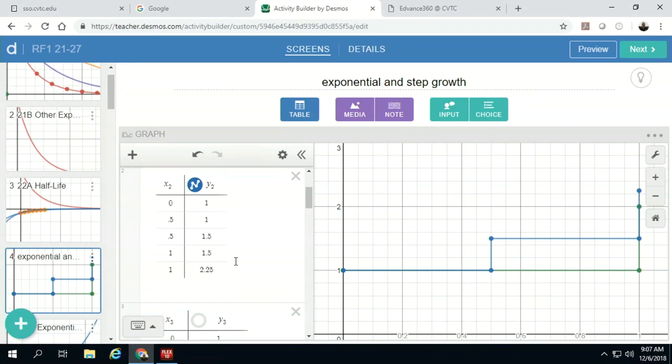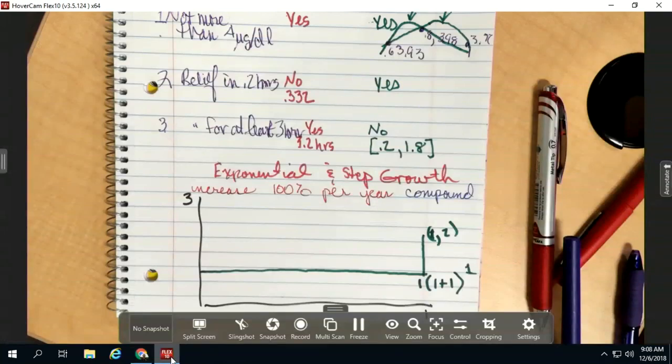So how much do I increase it by the first half of the year? 50%, right? So does it make sense that now I'm at 1.5? Okay? Then I go along till the end of the year, and now I double what I had here. Not double, excuse me. I increase it by another 50%.